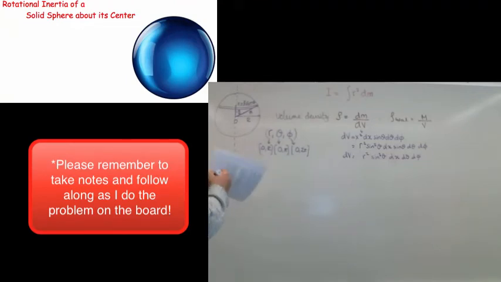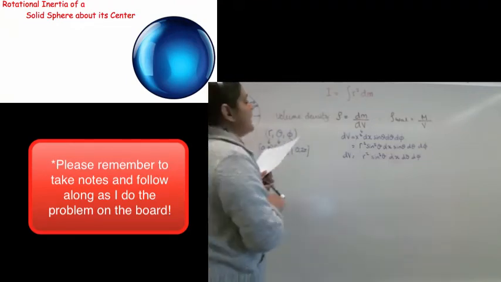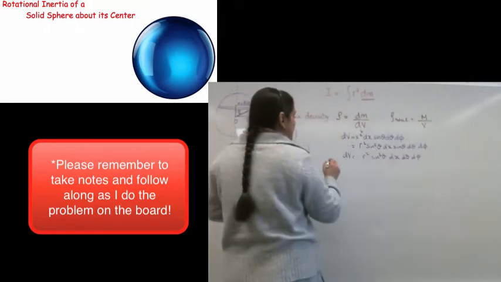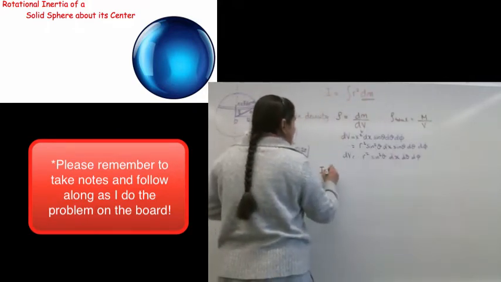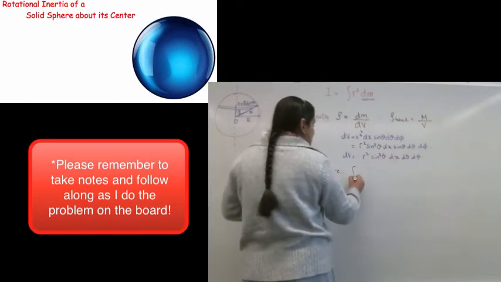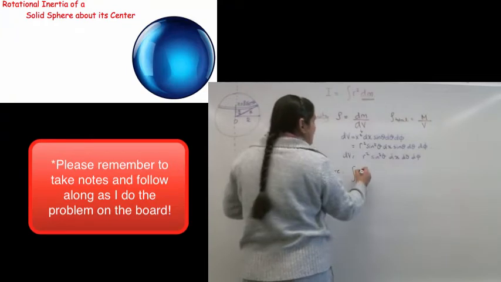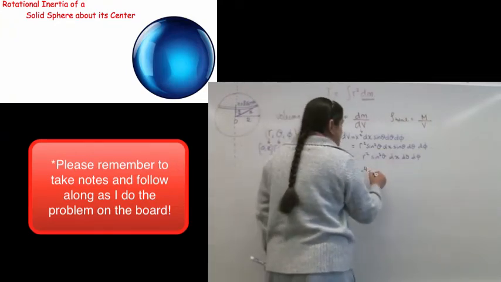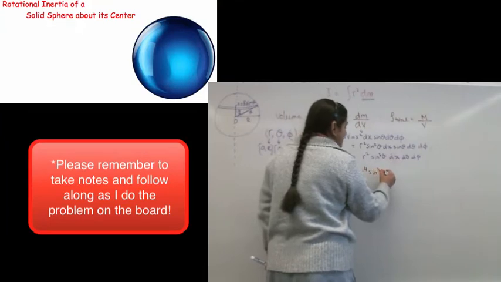Again, we know, what are we looking for? In this expression, we are looking for dm, right? So the moment of inertia for a sphere is going to be integration r to the fourth, right? r to the fourth sine cubed theta.